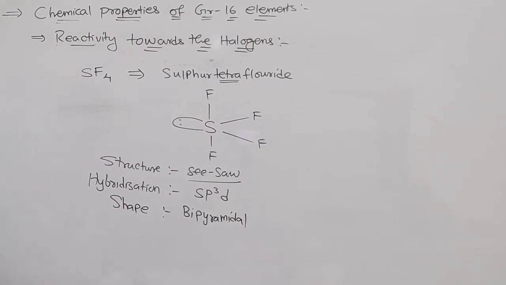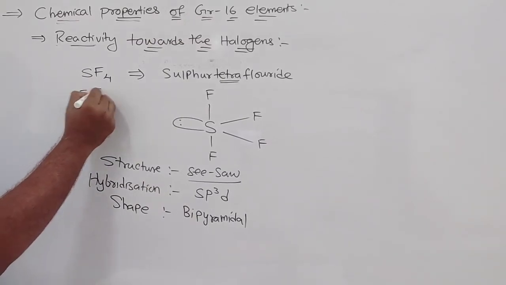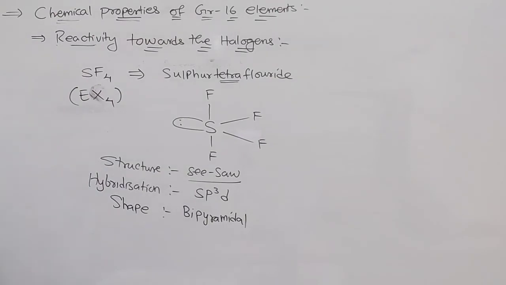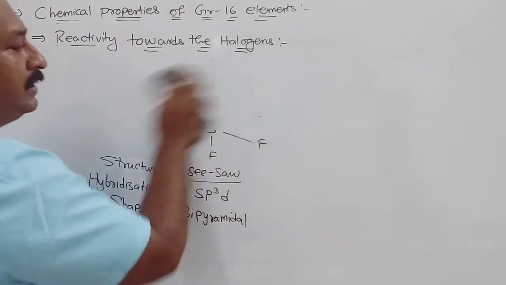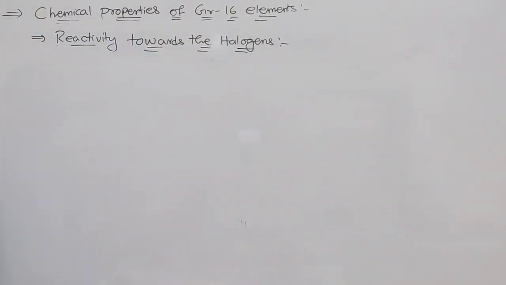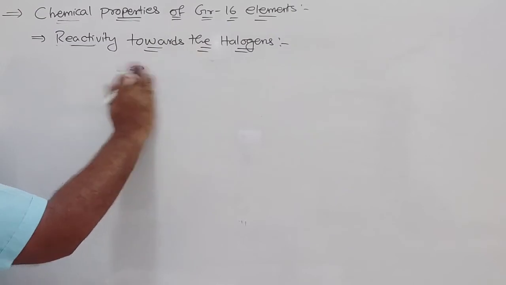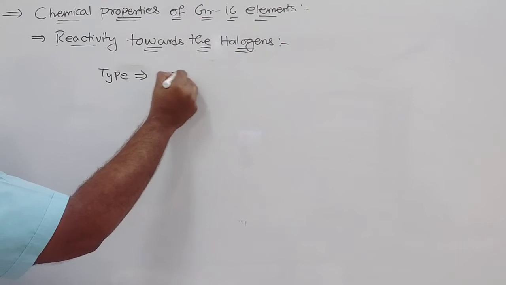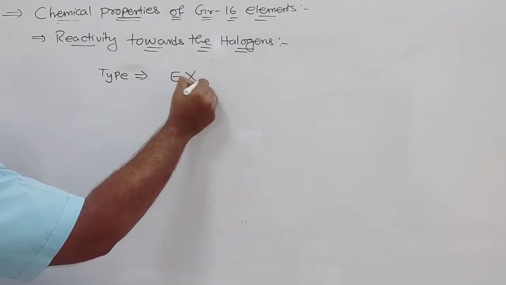So this is of SF4 type halides, that is EX4 type halides. Then the next one given is of another type. I think everything is over for this. Now the next one, you rub this and write the halide of the type EX2.